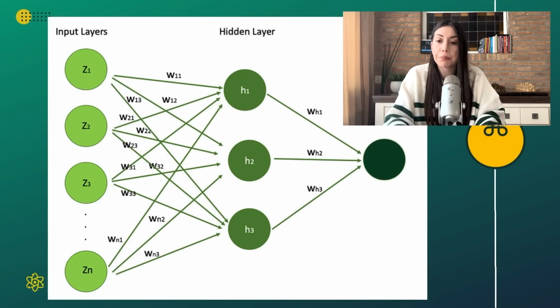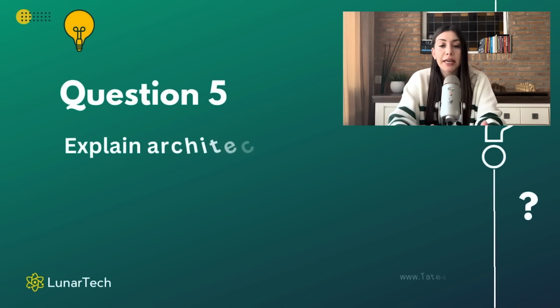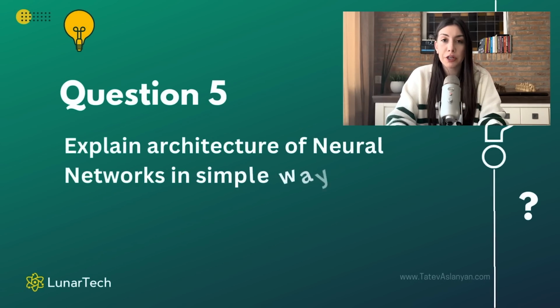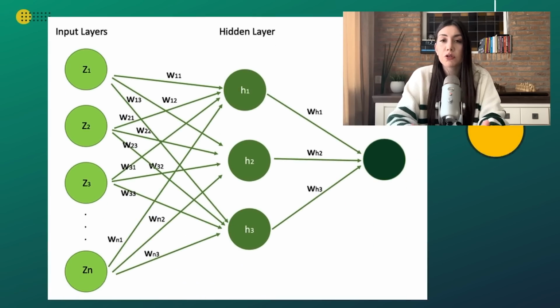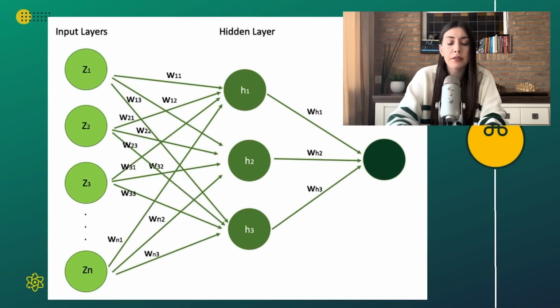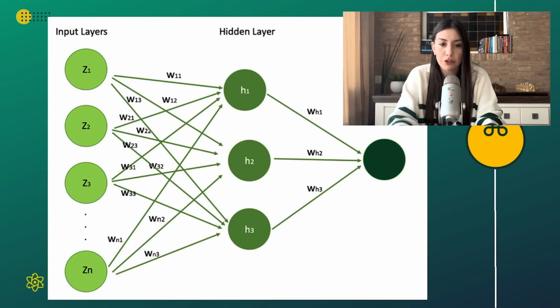So the next question is, explain the architecture of neural networks in a simple way. Given that we have already answered the previous questions, all mentioning some parts of the architecture and the training process of neural networks, this one will be easy to answer, and I will use here a simple visualization for a simple neural network that consists of just one hidden layer to summarize everything that we mentioned as part of previous interview questions.